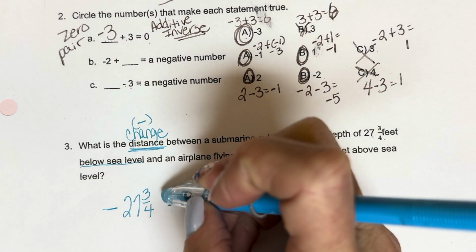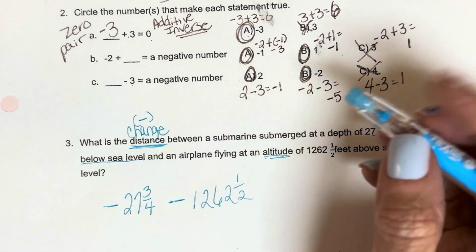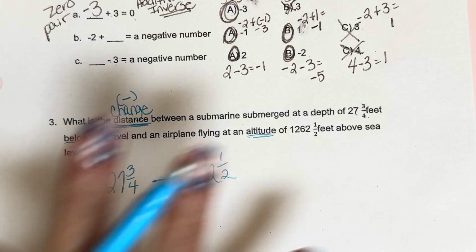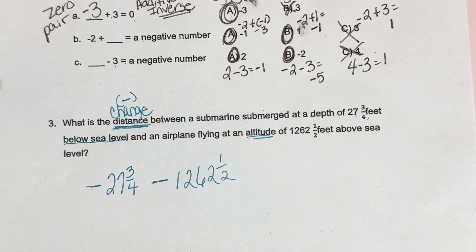Well, I'm going to be perfectly honest with you. Writing it like that from the problem is going to mess you up. But I do think it would help you to see a visual of what it looks like in a picture.